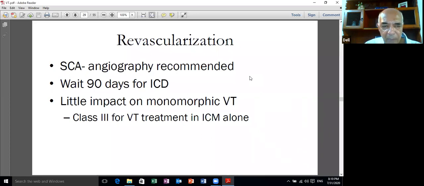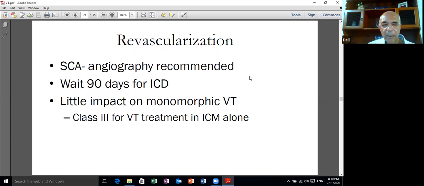And at the same time, don't expect too much, because the impact of revascularization on monomorphic ventricular tachycardia, which is scar-related, is very little. So after revascularizing these patients, you still have some work to do. Find out where is the scar, where is the re-entry circuit, and you need to treat it.